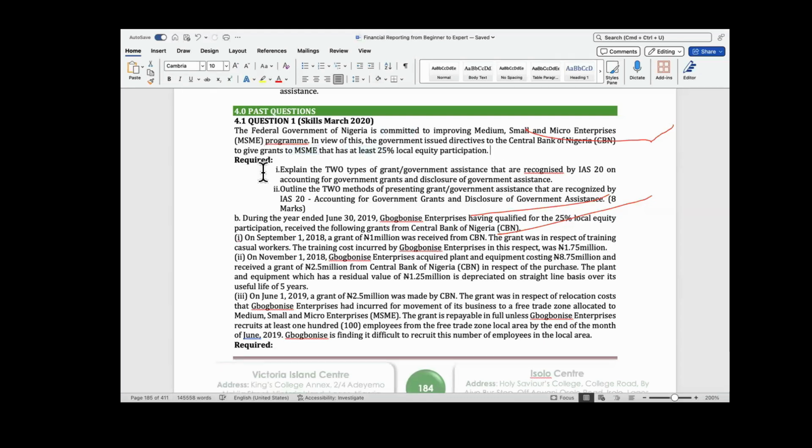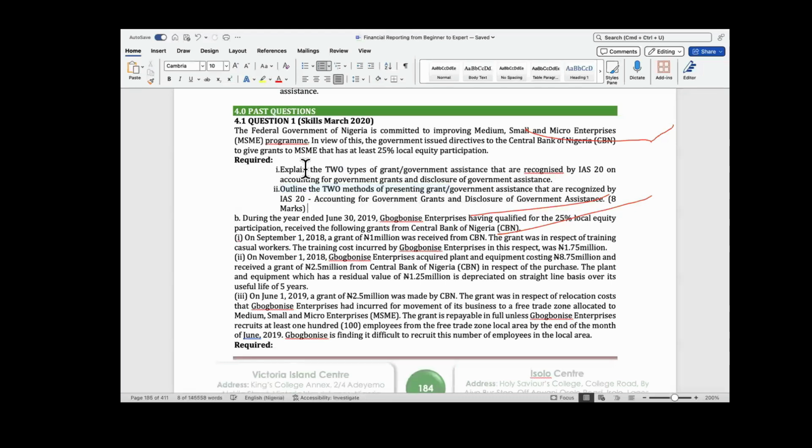Required: one, explain the two types of grants or government assistance that are recognized by IAS 20, accounting for government grants and the disclosure of government assistance. Number two, outline the two methods of presenting grants or government assistance that are recognized by IAS 20.